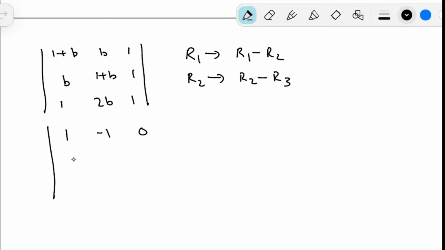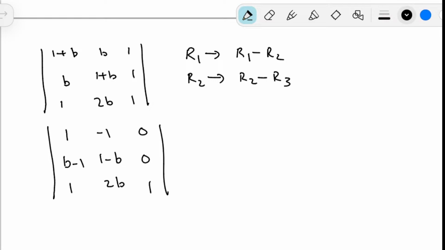Then R2 minus R3 is b minus 1, 1 minus b 0. Then 1, 2b 1. The third row remains the same.